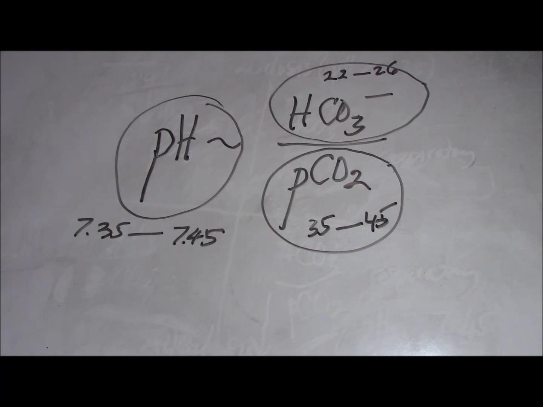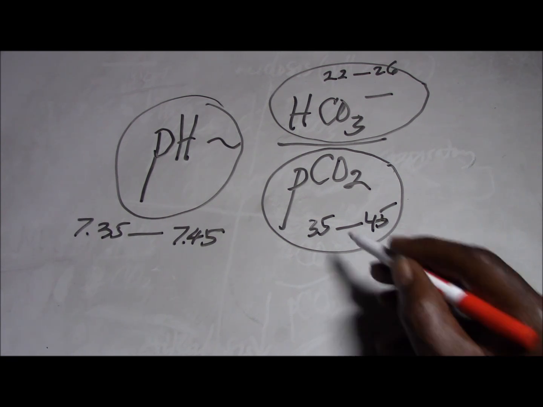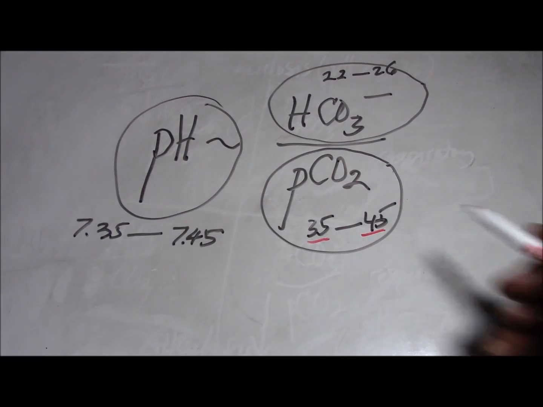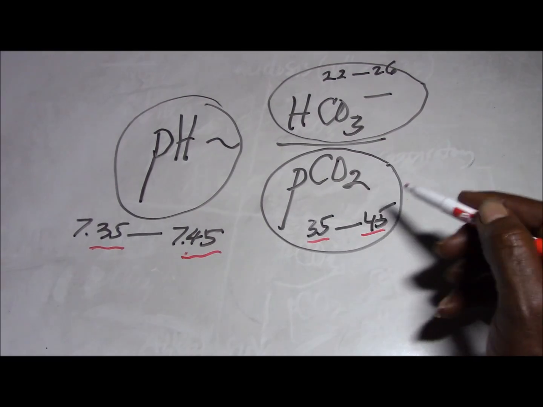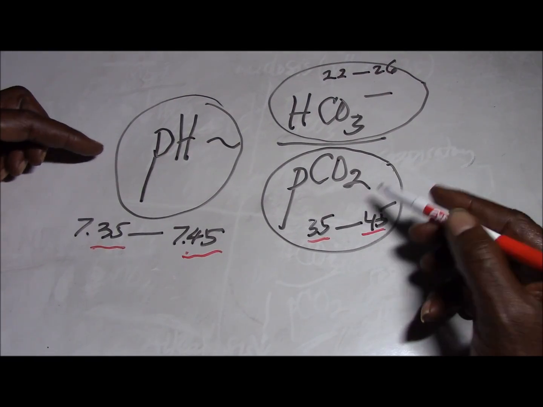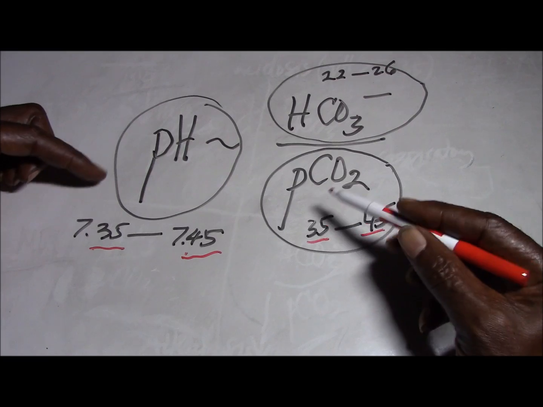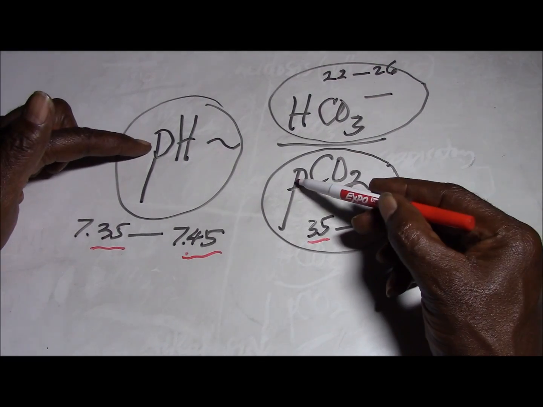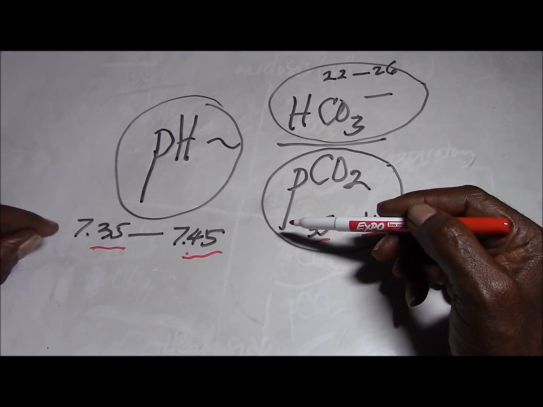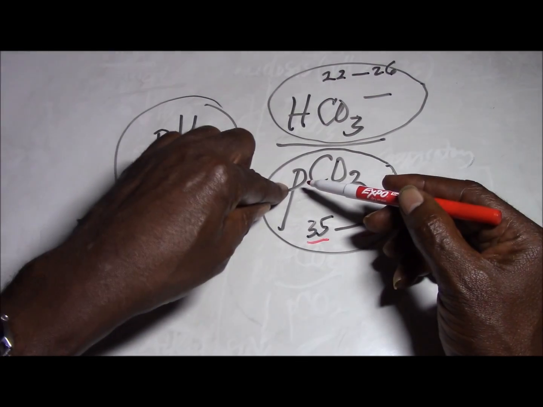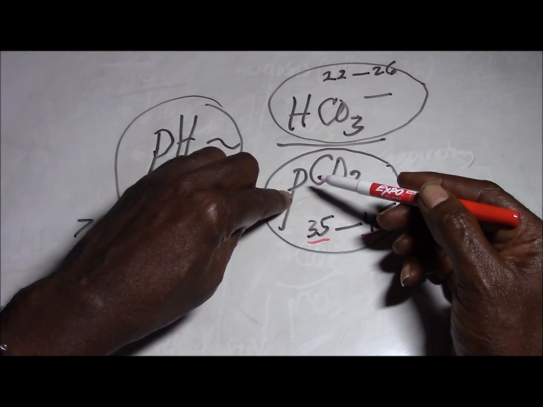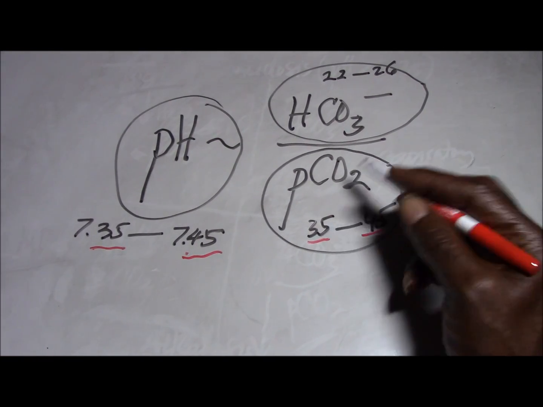Okay? The beauty about this is that you see 35 here, 35 here, 35 here. So somehow you begin to remind yourself that, okay, this one is a P, this one is a P. Once you retain this in your memory, when you write this one down, you know this has a P, this has a P. This is how I memorize it.